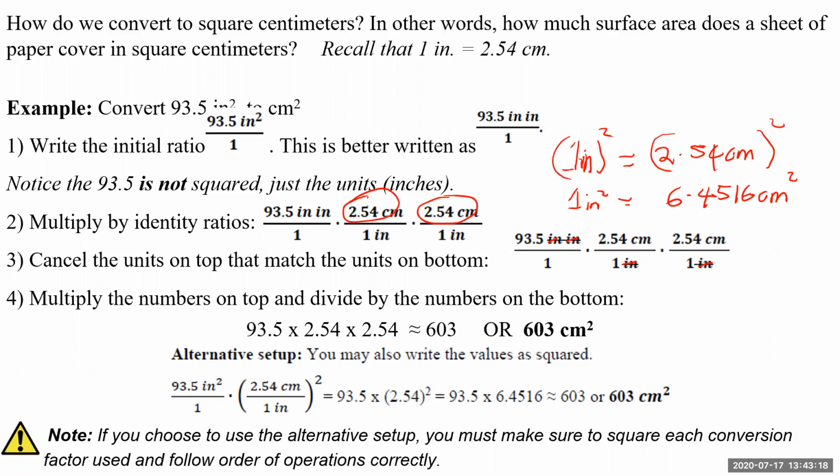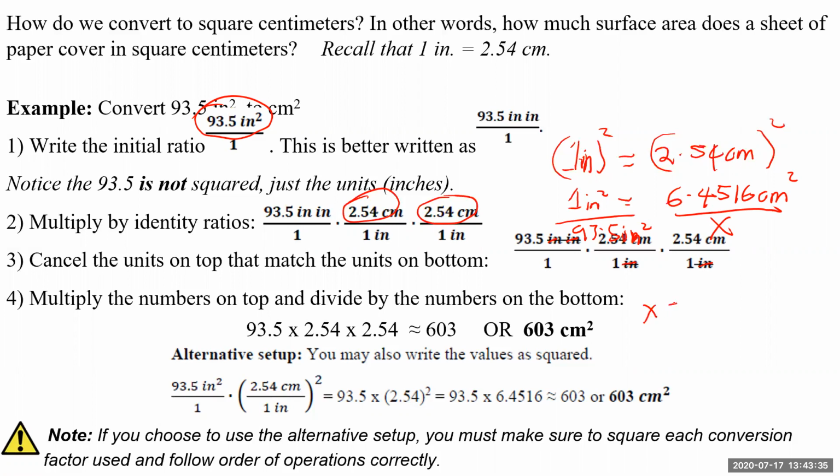Now, what did we have to change? We had to change 93.5 inch squared. So we put 93.5 inch squared, and we don't know how many cm squared that is. We divide and divide, and that will give us the same answer.